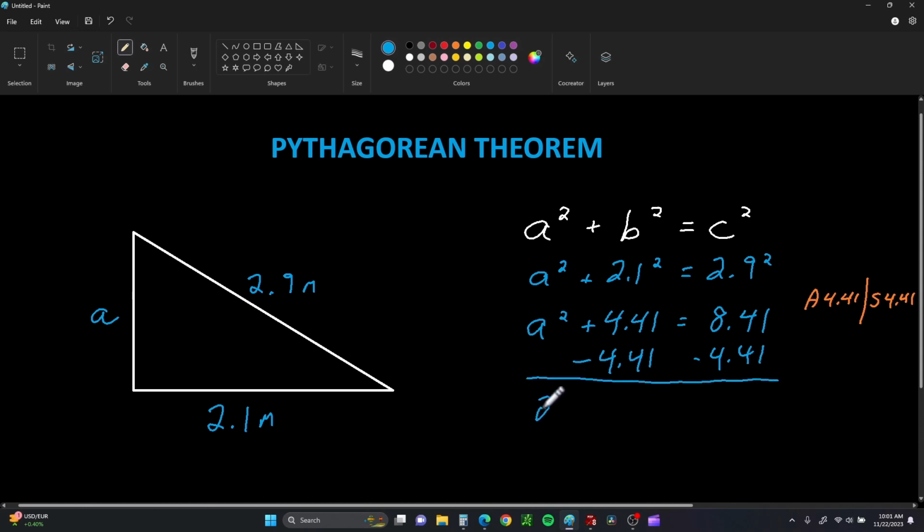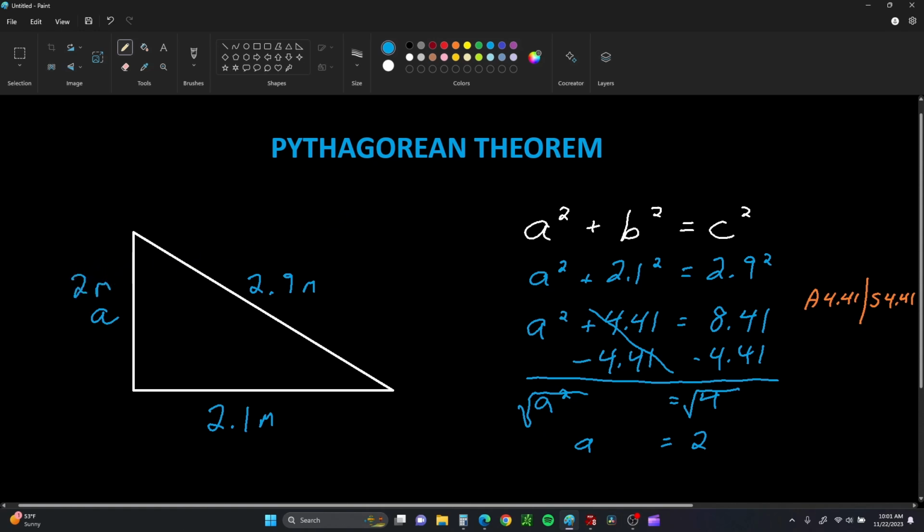Once I do this, I have A squared. This is a 0 pair. I bring down the equal sign. And once I subtract here, I get a 4. And then in order to solve this, I just take the square root of both sides of this equation, and I get A equals 2. And this over here would make A equal to 2 meters.